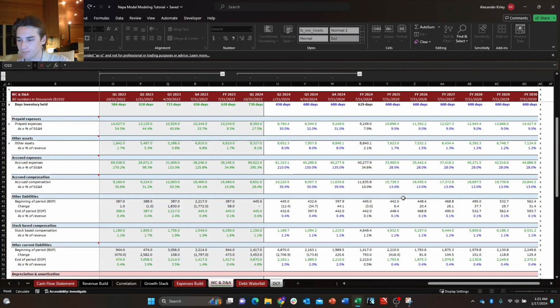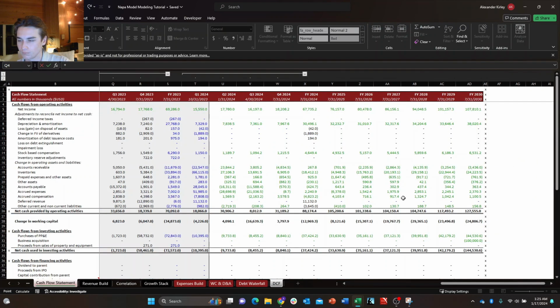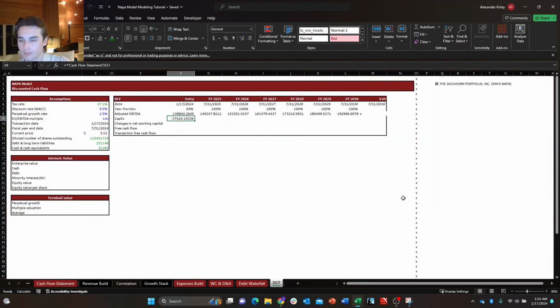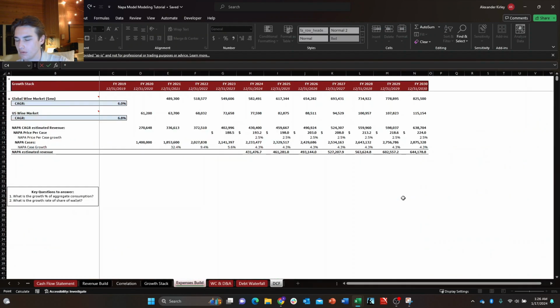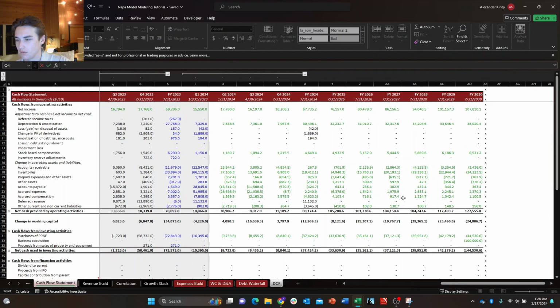So our CapEx, this number here, make it negative. Changes in net working capital, so we've already calculated this. Right, so you see our changes in net working capital right here, right? Boom.